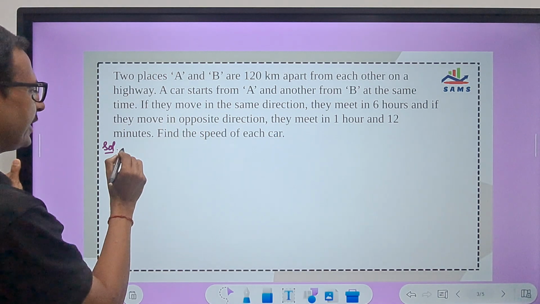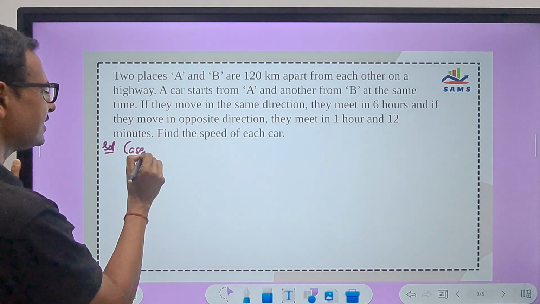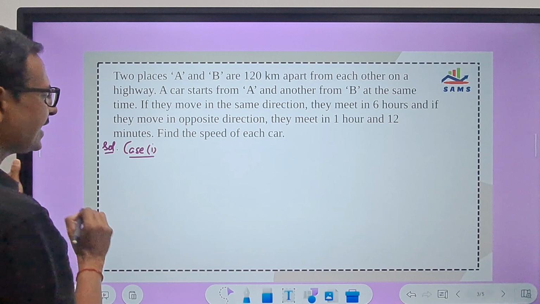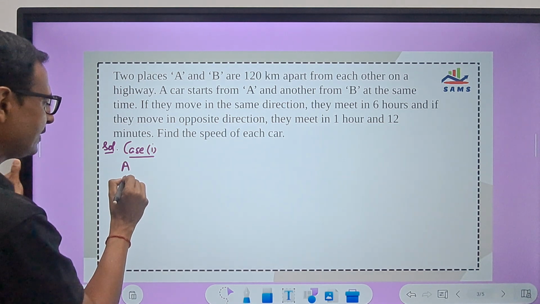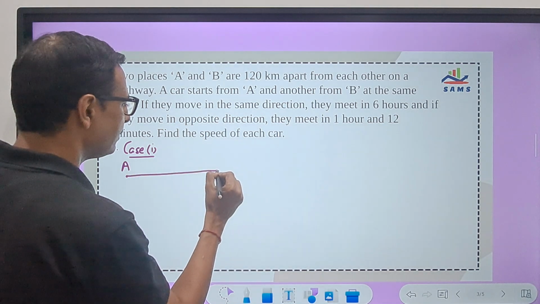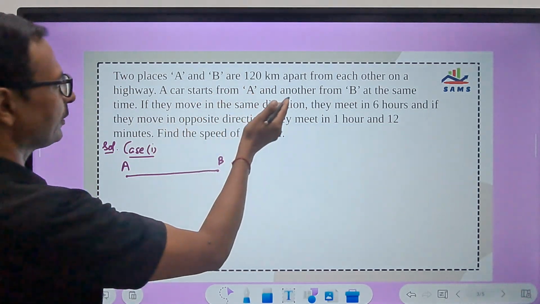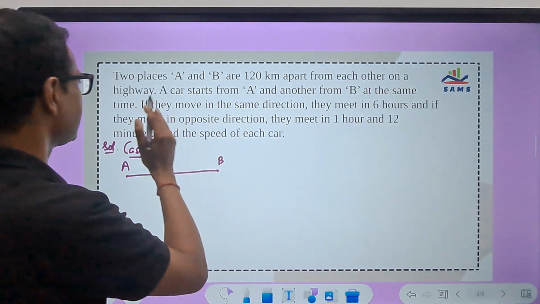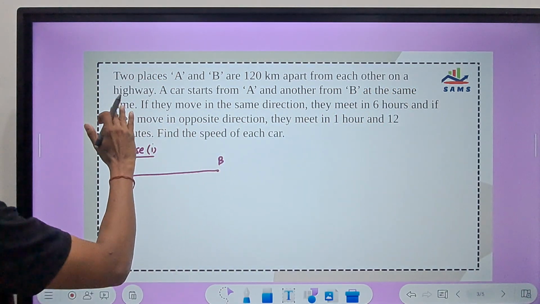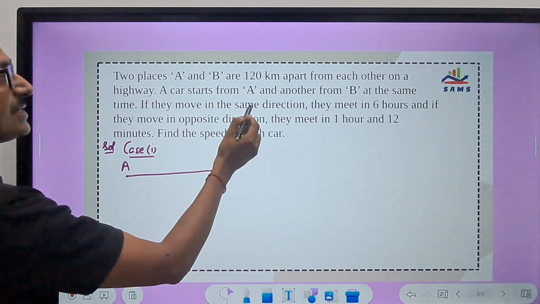This question is to be done in two cases. This is case 1. This is place A and this is place B. There is a car which starts from A and another car which starts from B at the same time, moving in the same direction.